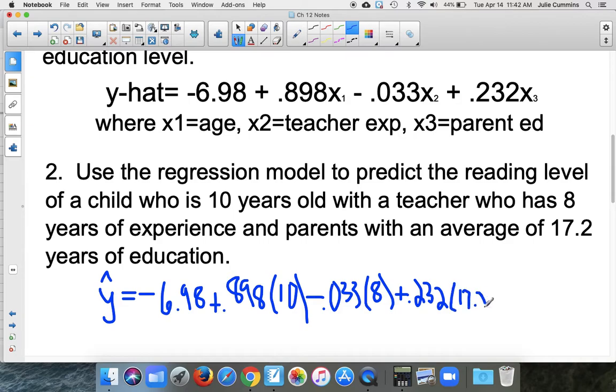So we're just plugging all that in and sticking it in the calculator to see what we get. And I wrote this down somewhere. I got 5.7. So we would expect a 10-year-old child with a teacher with 8 years of experience and parents who have an education of 17.2 to have a reading level of 5.7. Now remember, that's just an estimate, it may not be exact, but it gives us a good idea.